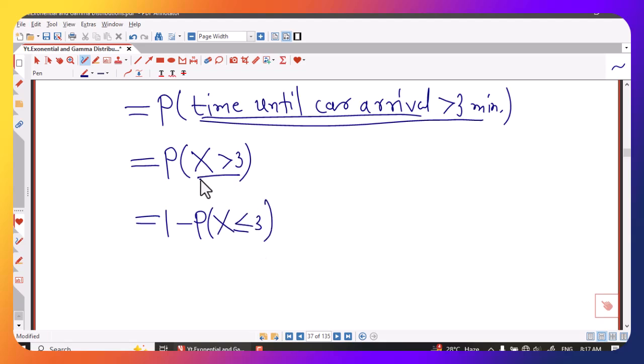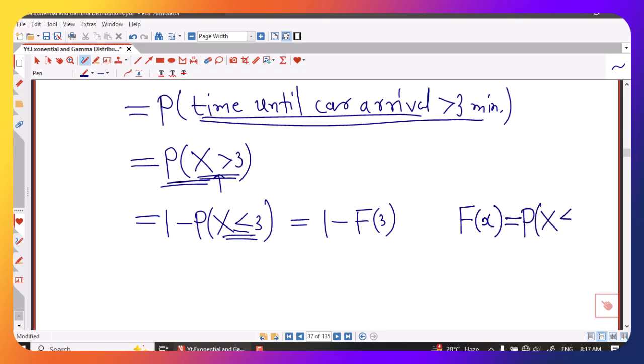We know that these two events are complementary events, therefore the probability of this event equals 1 minus the probability of the complement of this event, and this is now the value of the CDF at 3. If you recall, the definition of the CDF is F(x) equal to the probability that X is less than or equal to small x. So here if we compare these two, then small x is 3, therefore I have written 3 here.